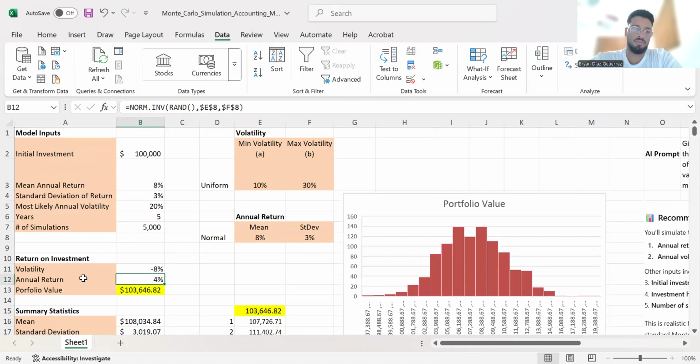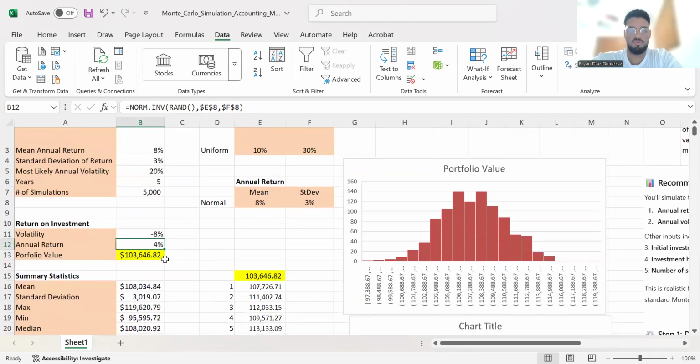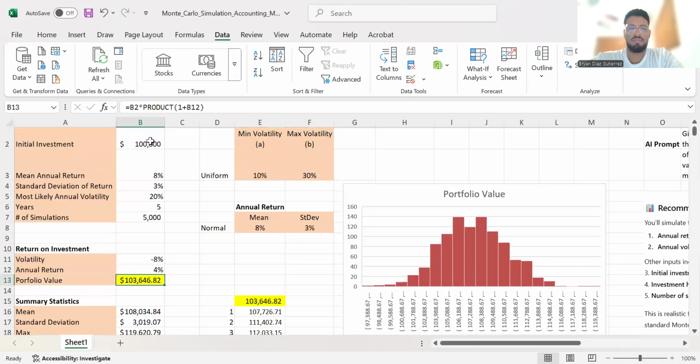And for annual return, I used a normal distribution formula to give me a random number based on the mean, which is 8%, and standard deviation, which is 3%. And the portfolio value would be 103,000 in this case. And this is the formula I use, B2, which would be the initial investment times the product of 1 plus annual return.